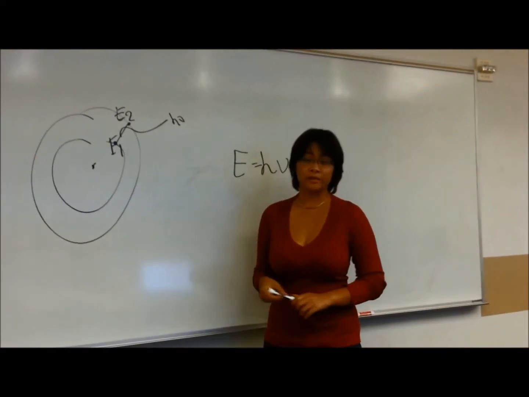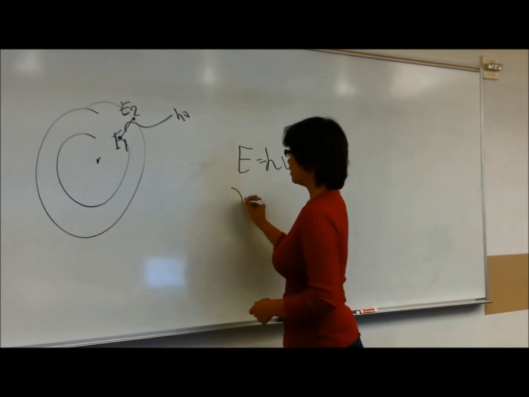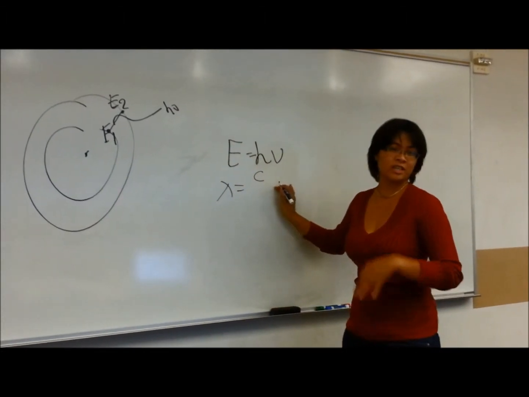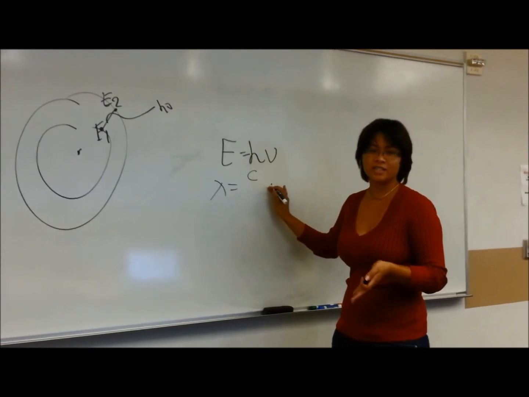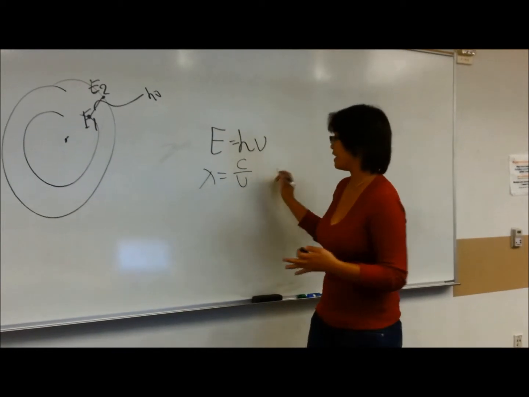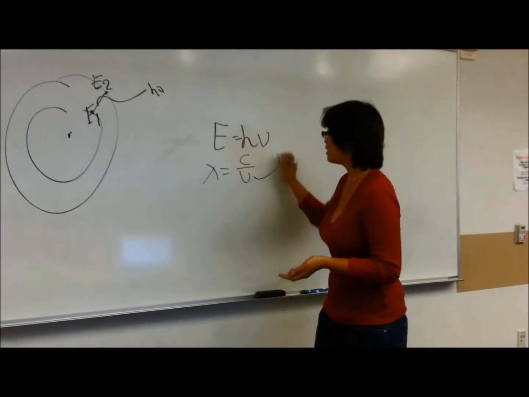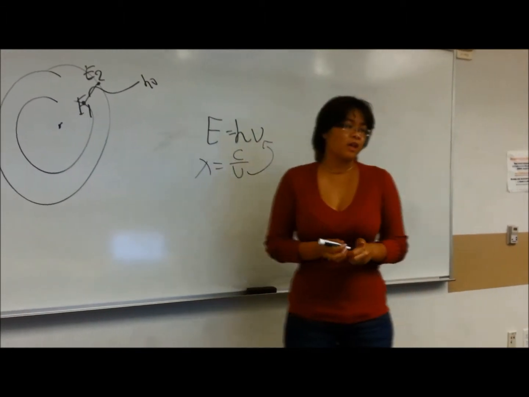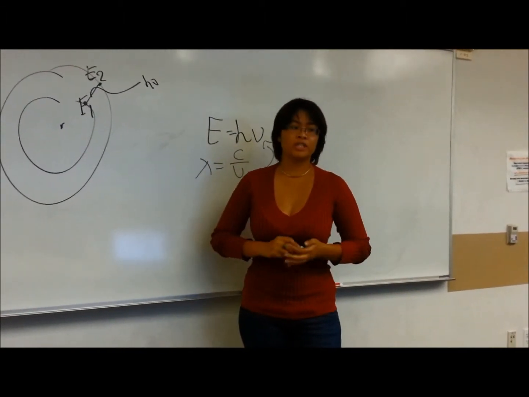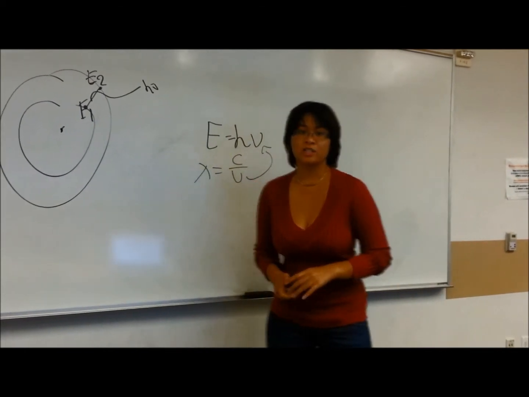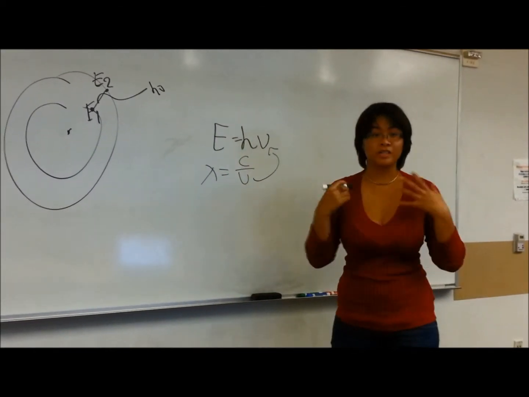To find the wavelength, we have lambda, wavelength, equals c, the speed of light, which is 3 times 10 to the 8 meters per second, over nu, which, as we found out before, is the frequency. Now, the difference in level which the excited electron drops determines the wavelength. So all we need is to plug and chug for the desired wavelength.